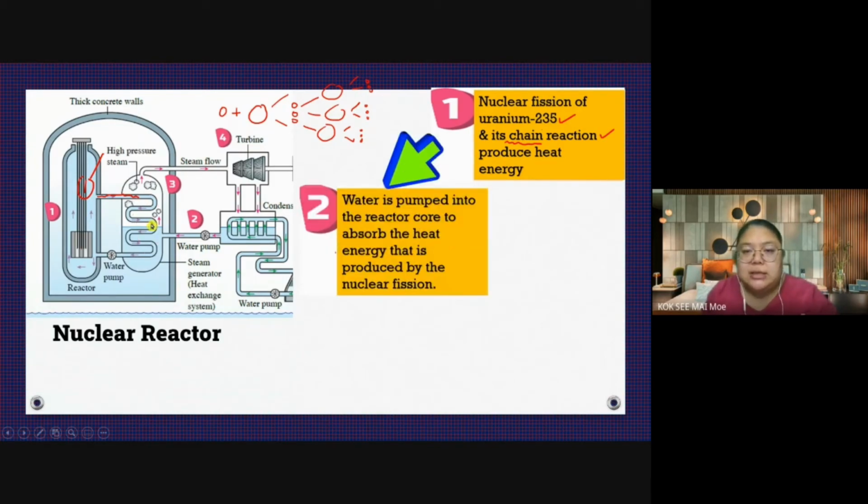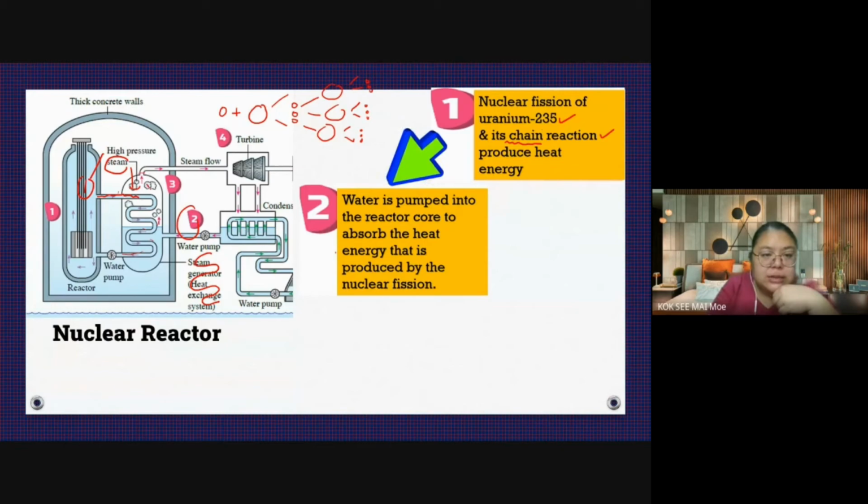From here you can see number 2, this part. The water is pumped into the reactor core to absorb the heat, so you produce gas. This is steam, the steam you produce in the whole tube. This loop, the shaped one, inside is water.